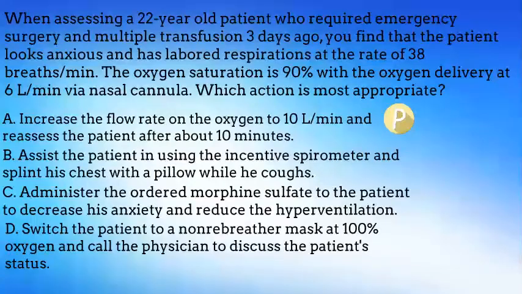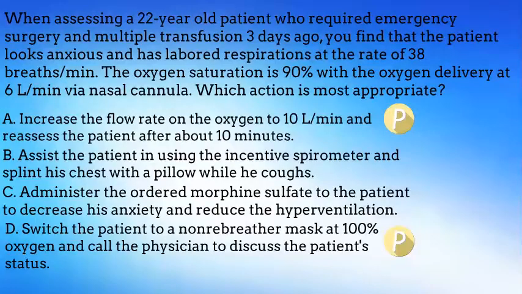Option D, switch the patient to a non-rebreather mask at 100% oxygen and call the physician to discuss the patient's status. So if we just look at what we have here, we can tell that this answer is about breathing. So we're going to go ahead and mark this, but that leaves us with the need to make a decision between our two answers about breathing.